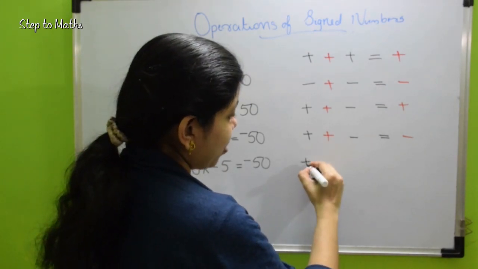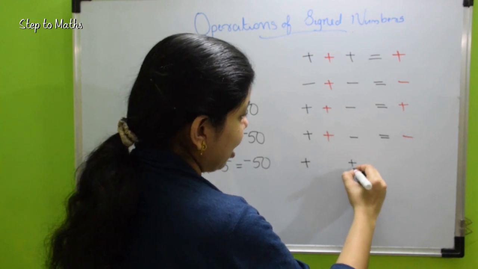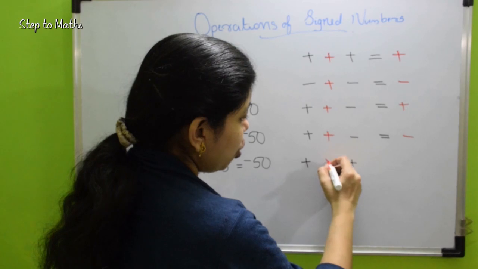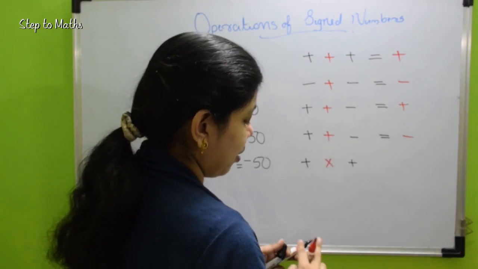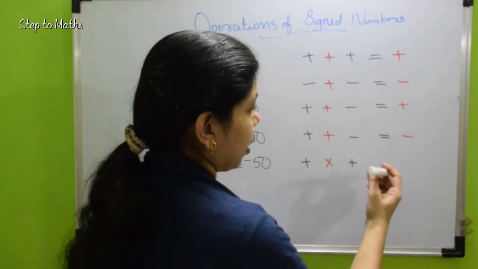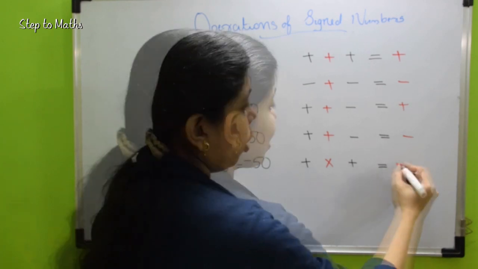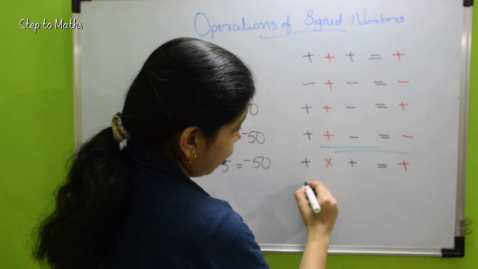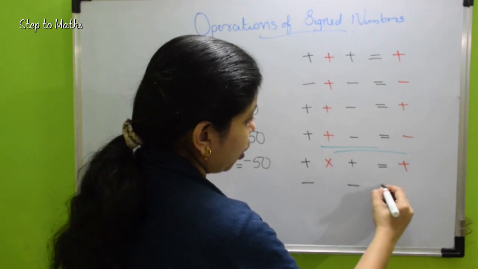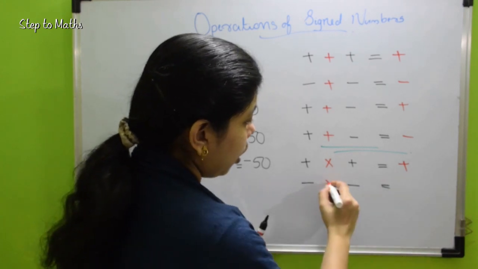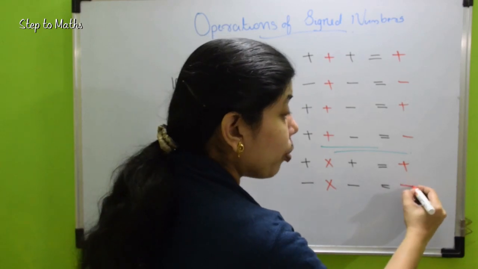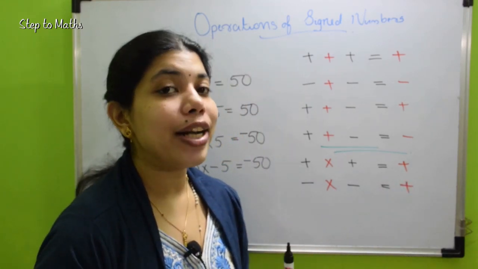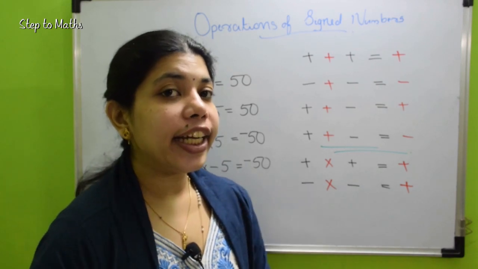If one number is positive and the second number is also positive, and we multiply the two numbers, the product is positive. If the two numbers are negative, the product is also positive when we multiply two negative numbers.